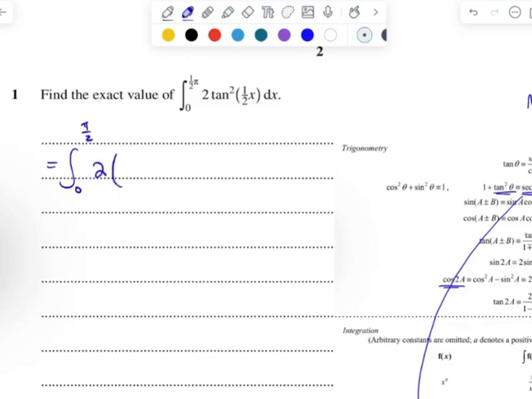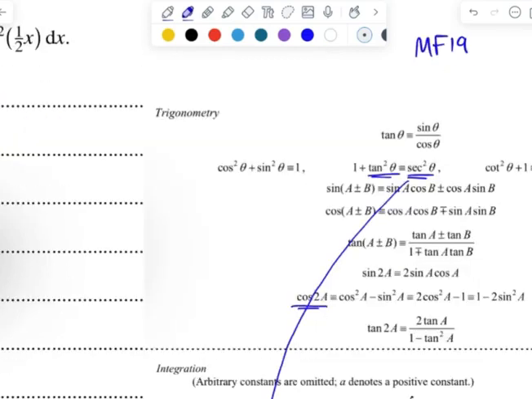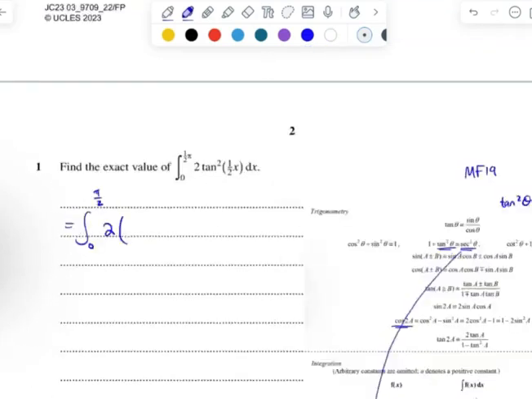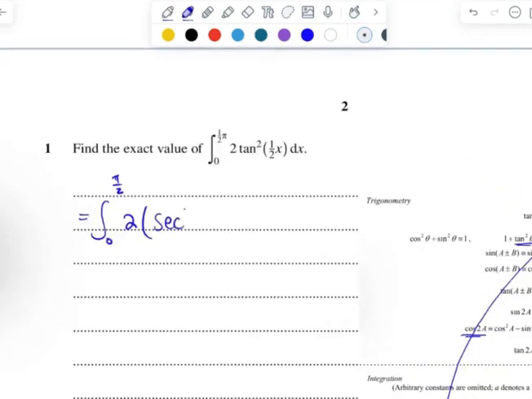So I'm going to just rewrite my definite integral. And here I know that tan squared theta, if I just look at this identity, is going to be equal to sec squared theta minus 1. So this is sec squared, and instead of theta, I've got a half x, minus 1.